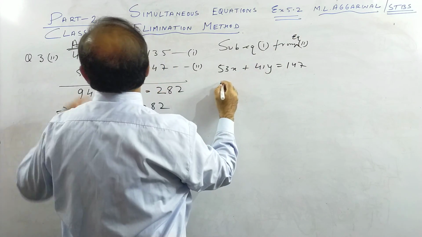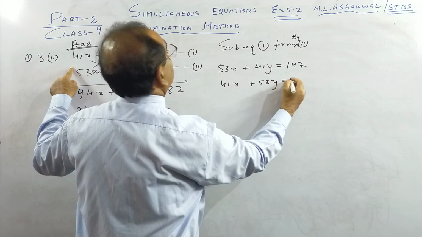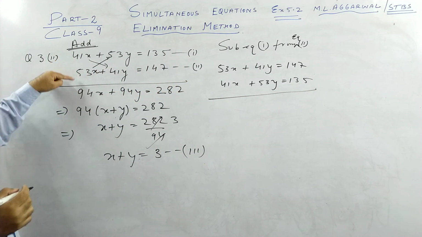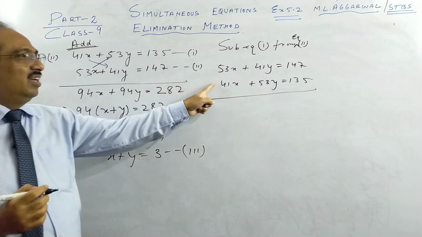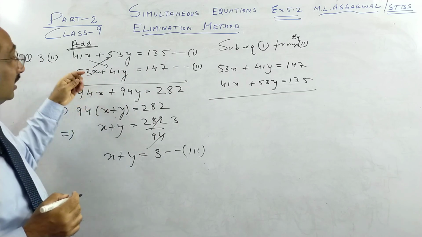So this is 41x plus 53y is equal to 135. Try to understand, subtract this from this. If you do it the opposite way, you will get a minus sign. If you subtract like this, you will get minus 12. So I have avoided that.